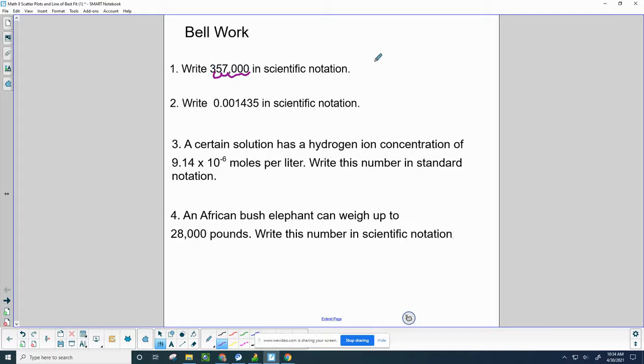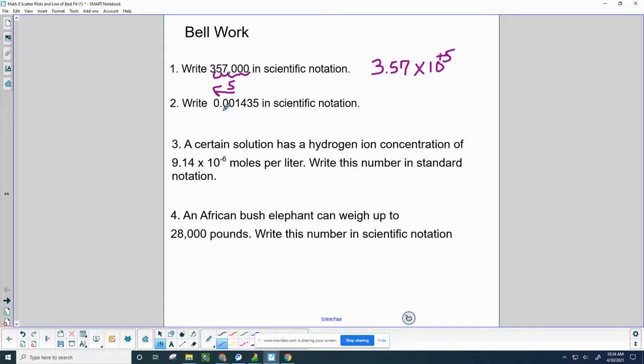So in this case, we've moved the decimal 5 places to the left, and we now have the number 3.57, and we don't have to write all the zeros. And then we're going to multiply by a power of 10, and the power of 10 that we are going to use is 5 because we had to move it 5 places to the left, right? And that's why this is a positive exponent.